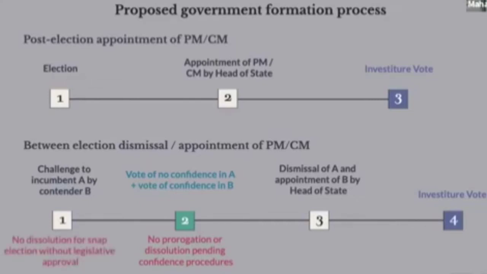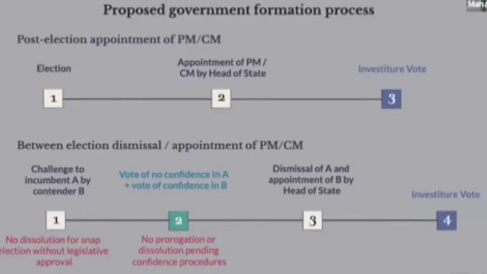And secondly, obviously, if there is a dispute and incumbent A is facing a challenge to his confidence mandate, then a type of fixed-term election laws, which I'm proposing here, could be used to prevent incumbent A from asking for a dissolution for a snap election.